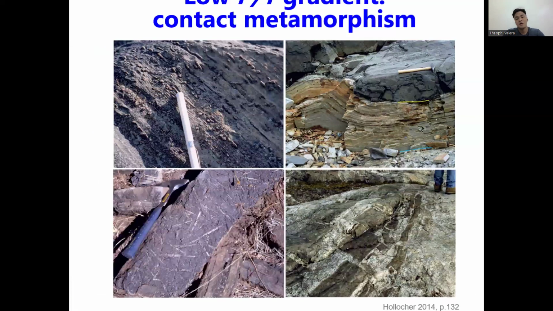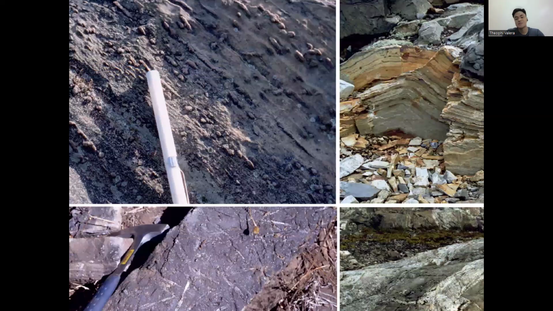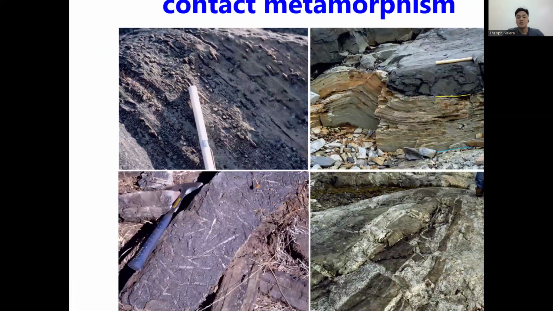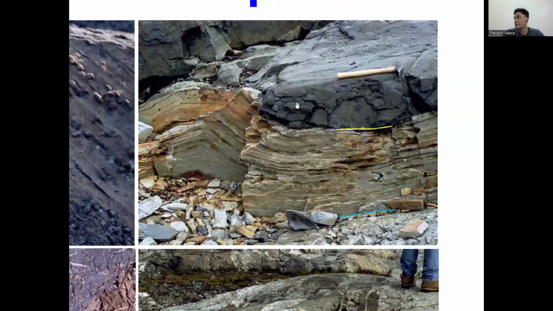Here you see in A, growth of new porphyroblasts. In B, this is a pre-existing metasamite with a pre-existing foliation, as you can see from here.